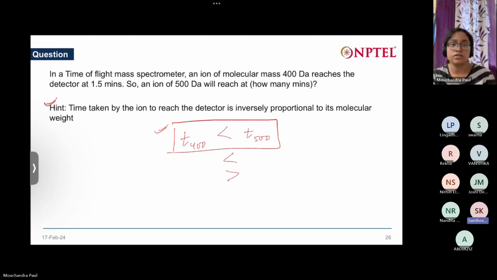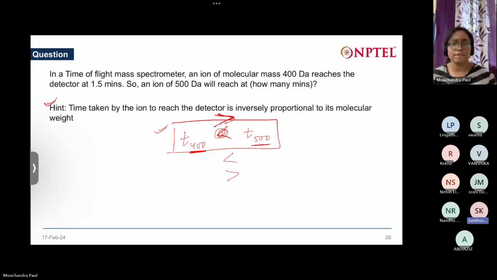Inversely proportional. So one should increase and the other decrease, no, ma'am? Your molecular weight is increasing. Sorry, it will be lesser then, right?